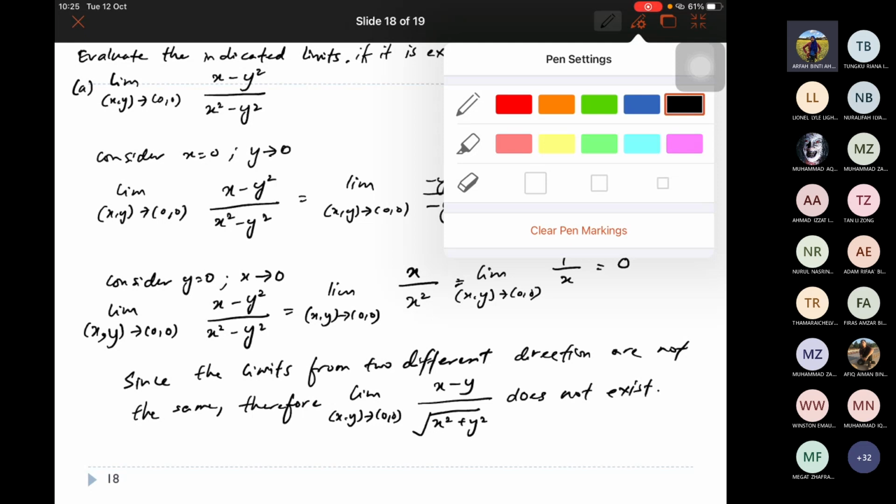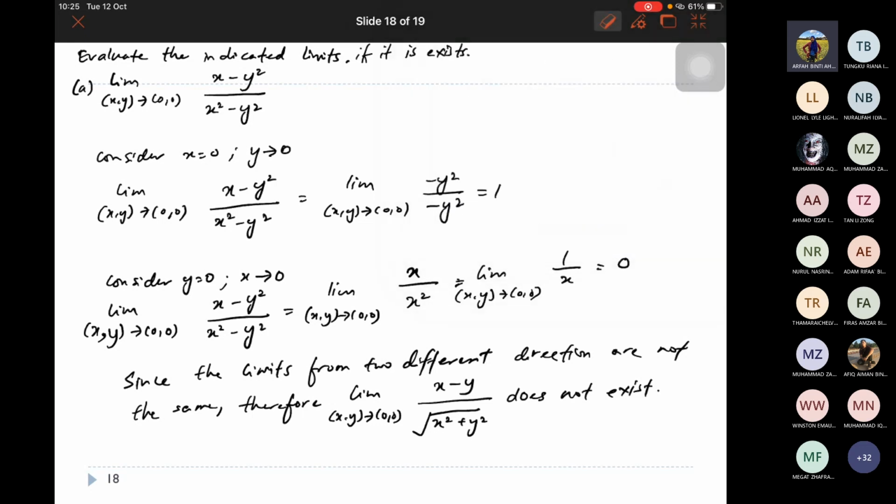Okay. So since the limit from two different directions are not the same, therefore the limit of x minus y squared over x squared minus y squared does not exist juga. Dapat? Okay. Dapat. Does not exist.